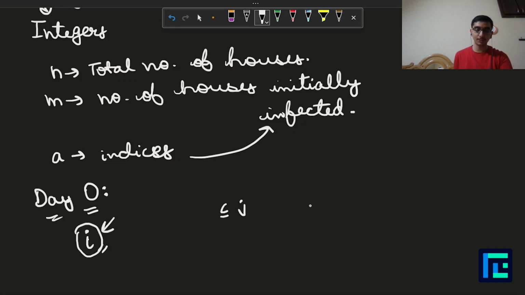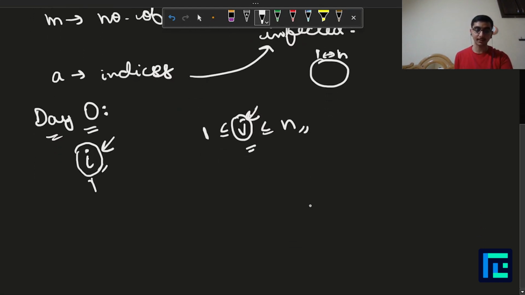let's say j, where j goes from 1 to n, where the house j has at least one neighbor who is infected. Also remember, all these houses are on a circle, so 1 and n are also neighbors. Any house j which has at least one neighbor which is already infected will get infected now, after Cyrno chooses a house to be protected. And this process repeats till all the houses are either infected or protected.